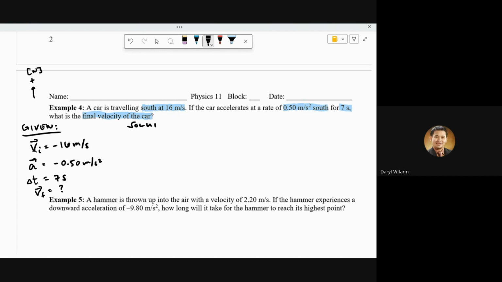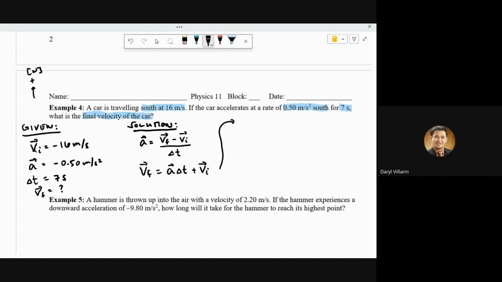So now for my solution, based on the given quantities, I can use the acceleration equation, which involves change in velocity, the final minus the initial, divided by delta t. Or if I derive the expression for vf, that would give me vf is equal to a times delta t plus the initial velocity.